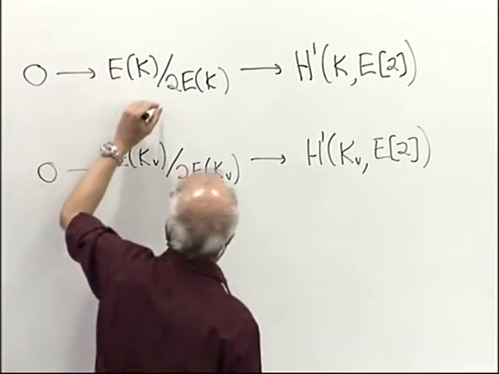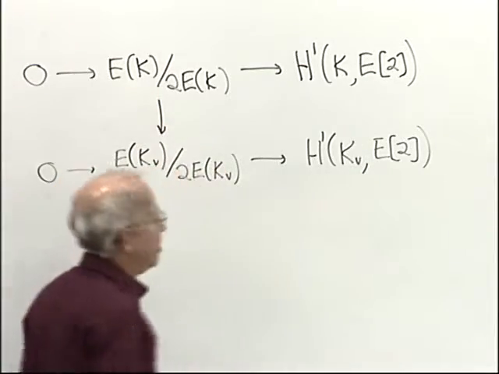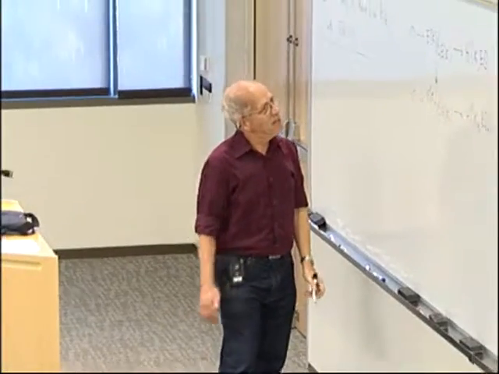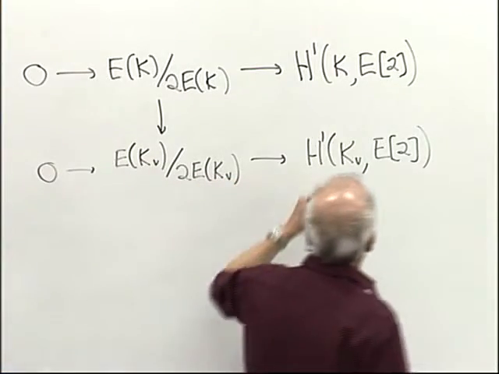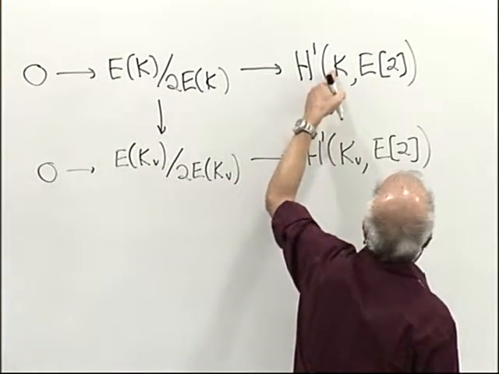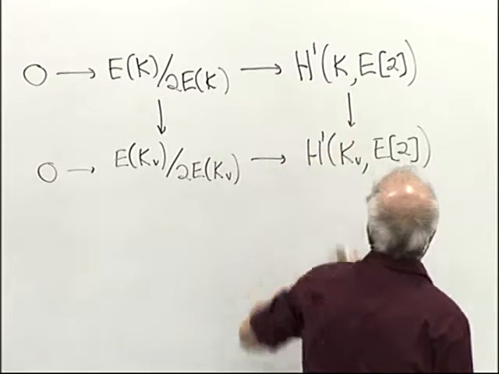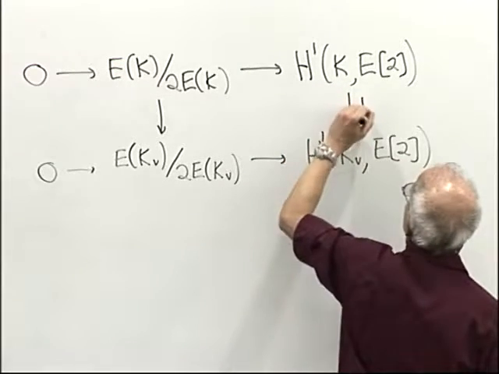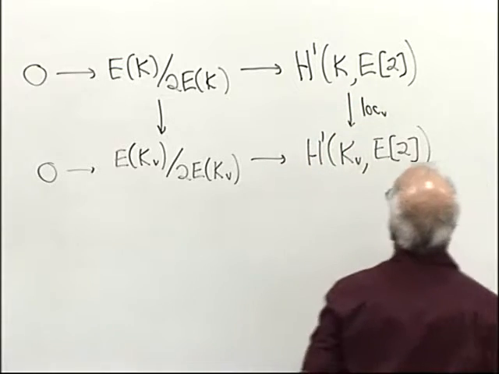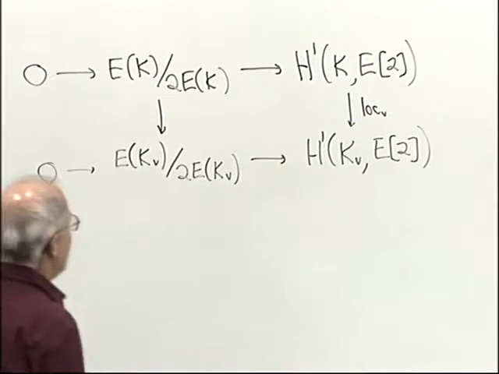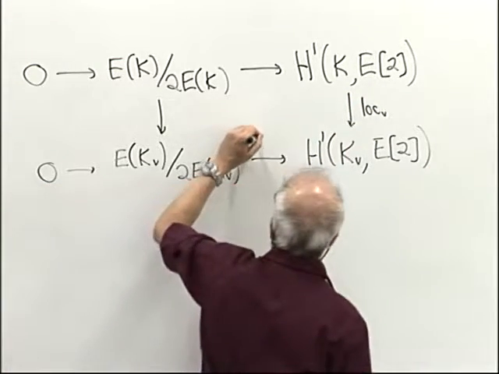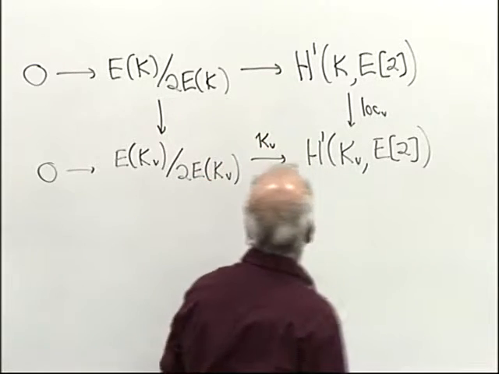Well, the global points sit inside the points of the completion, just because K is contained in kv. And we can also take our cocycles, or our homomorphisms, and restrict from the Galois group of K to the decomposition group at v. So this map is called localization at v. And this map I'm going to call kappa sub v, or the Kummer map at v.